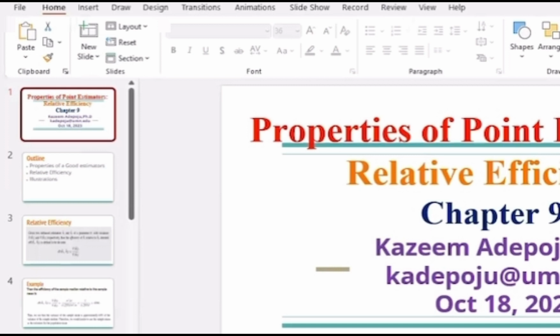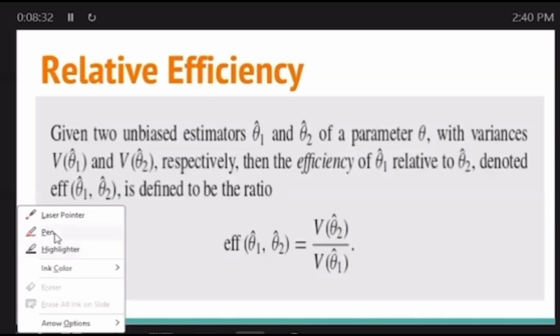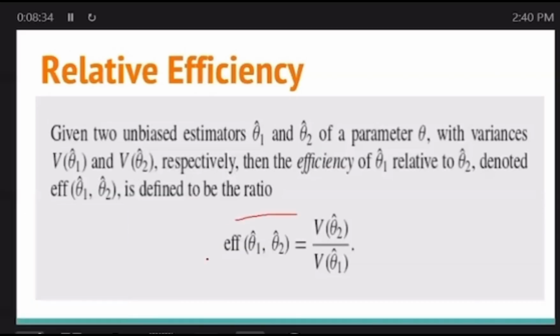Now, this is the mathematical notation for efficiency. If I want to look at the efficiency of theta cap 1 relative to theta cap 2, I'm going to look at the ratio of the two variances. This ratio can give different results, and I can classify them into three.